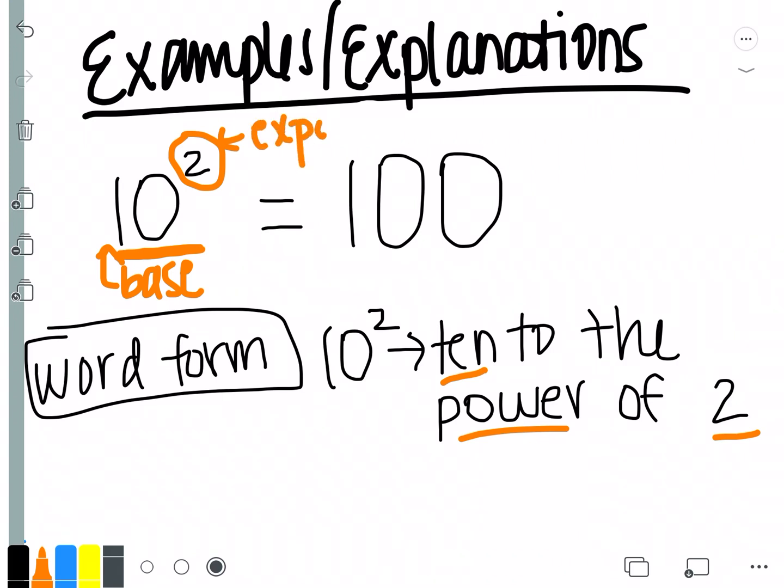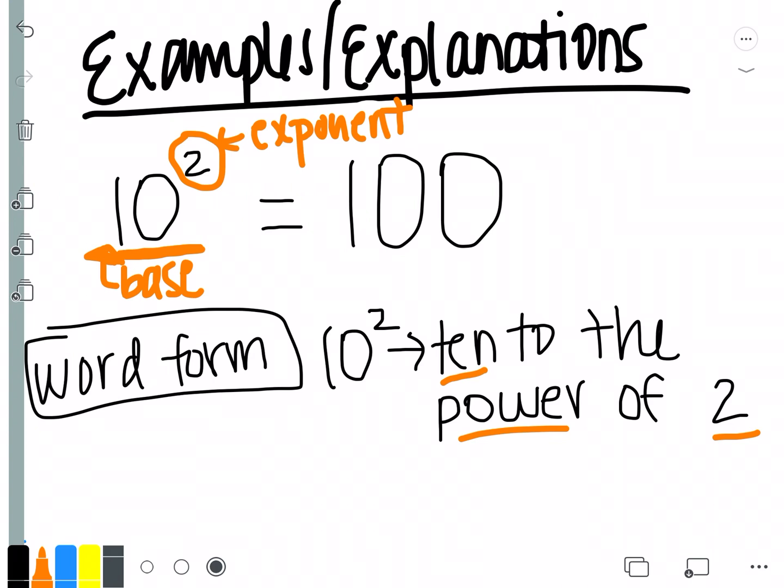Now, we haven't gotten to exponents in notes yet, but I'm going to go ahead and write that. So 10 is your base, and what that is, it's just a big number, because I don't want to get too far ahead. Your base is your biggest number. And for our lesson and our purposes right now, we are only going to be using 10. So that's why the lesson is powers of 10, because your base is always going to stay 10.